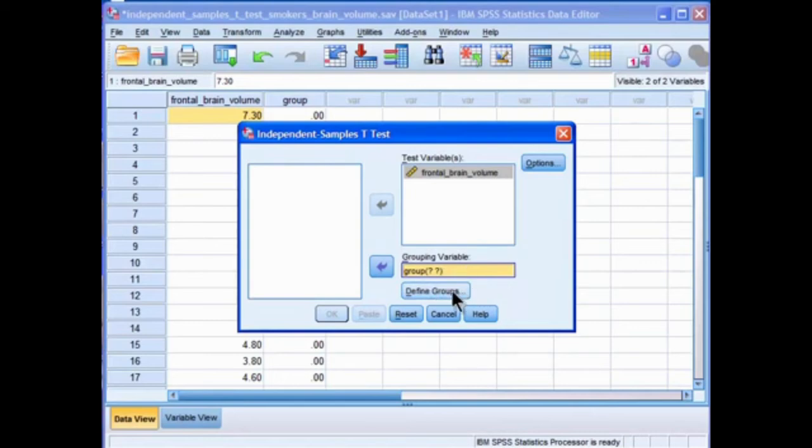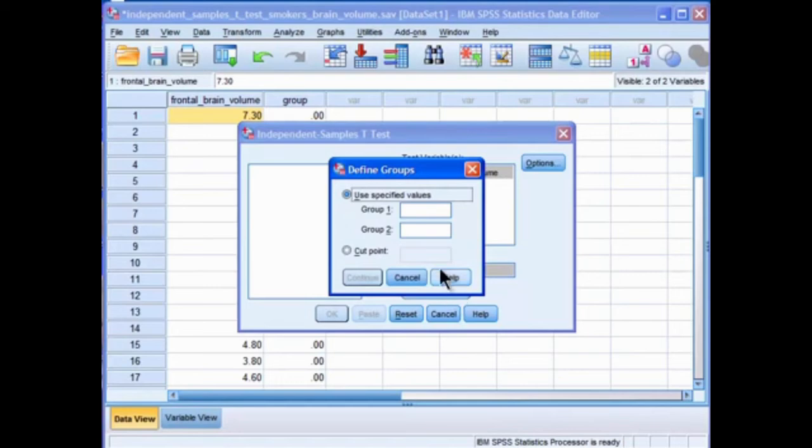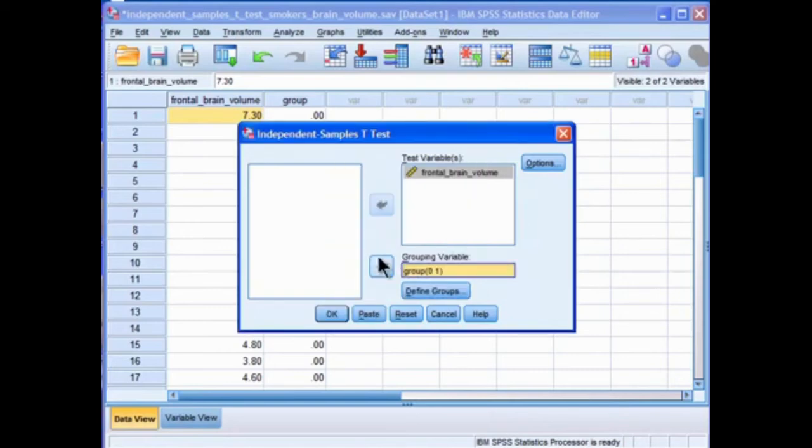Click Define Groups and put 0 for group 1, our non-smokers, and then 1 for group 2, our smokers. Then we click Continue. We can really use any number here like 1 and 2, 3 and 4, and so on. It doesn't matter. But 0 and 1 are probably what most people use in this case.